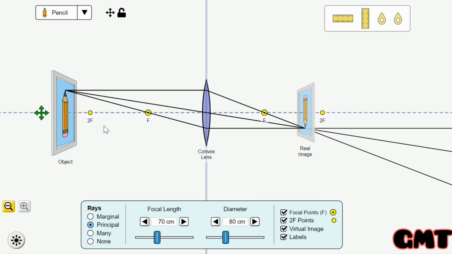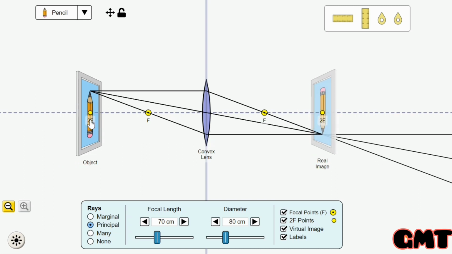So let's analyze different positions of the object using this convex lens, and then look at how the image looks. Here, the object is beyond 2f, so the image is positioned between 2f and f. What can happen if the object is at 2f?